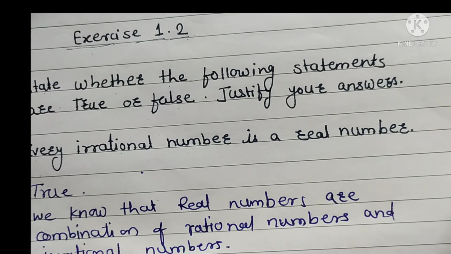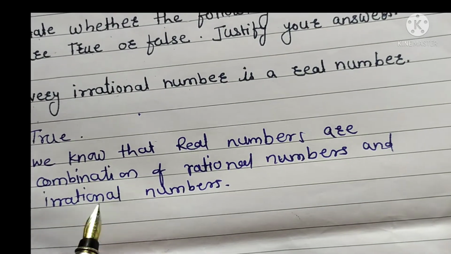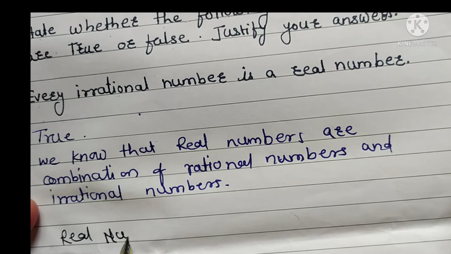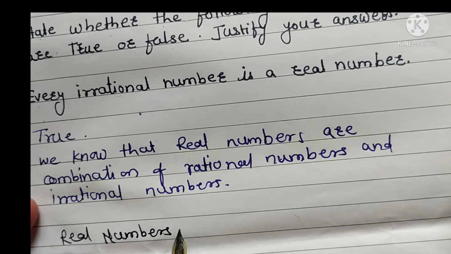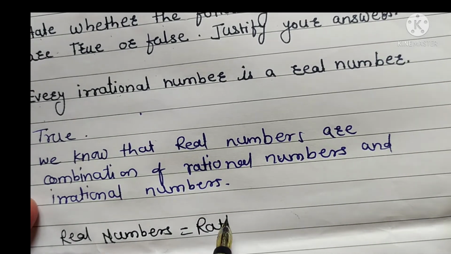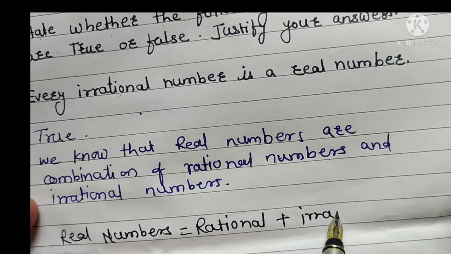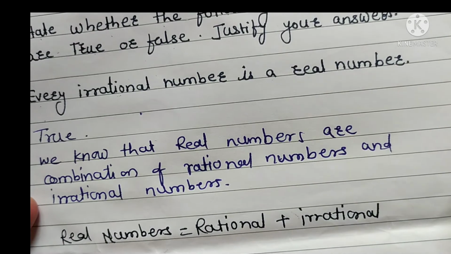In short, we can write: real numbers equals rational plus irrational numbers.